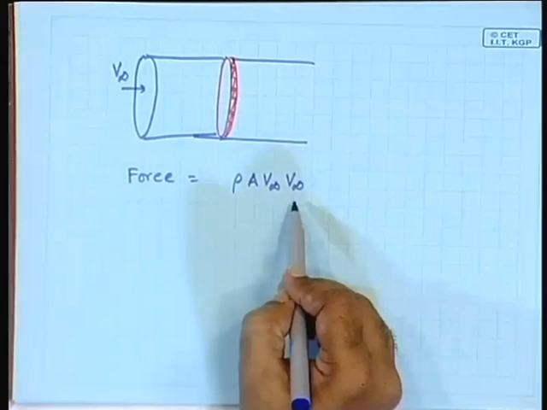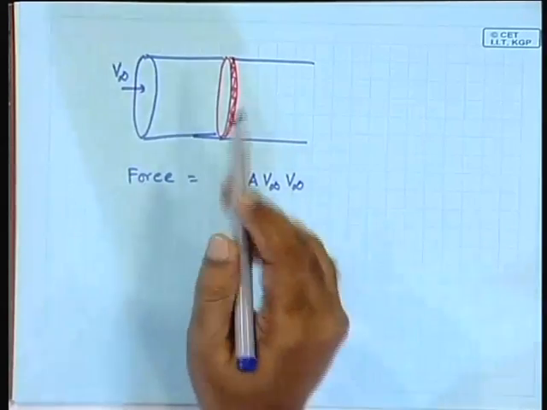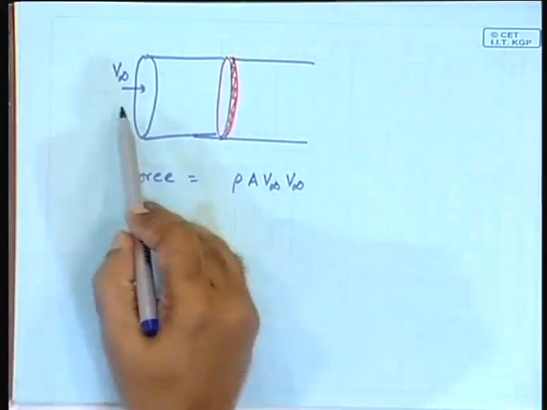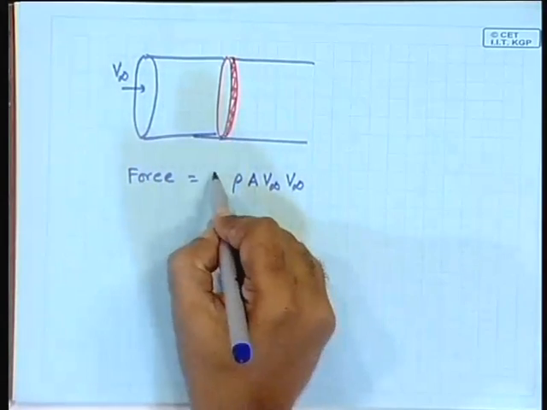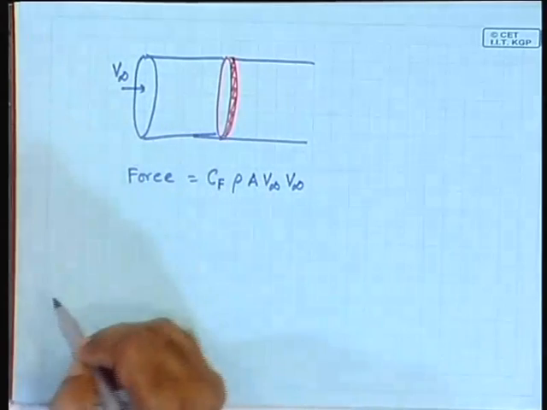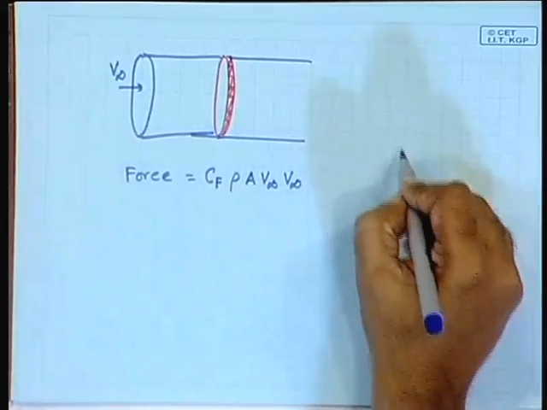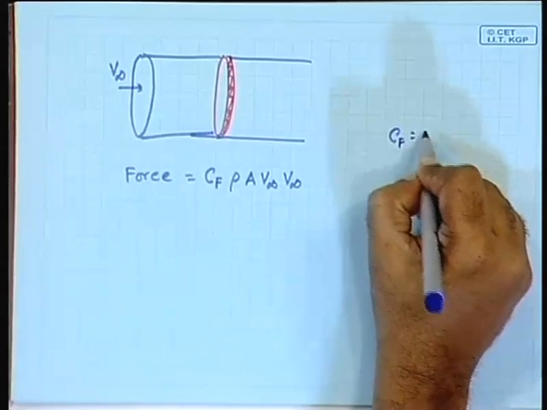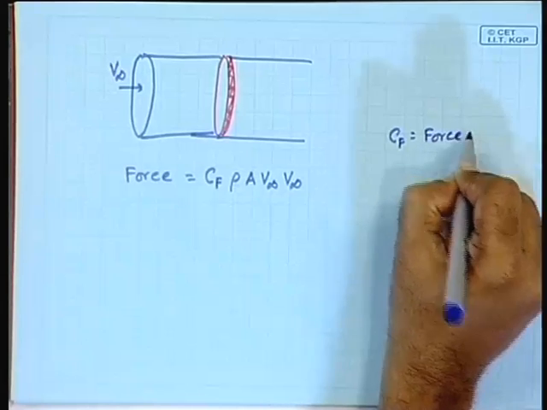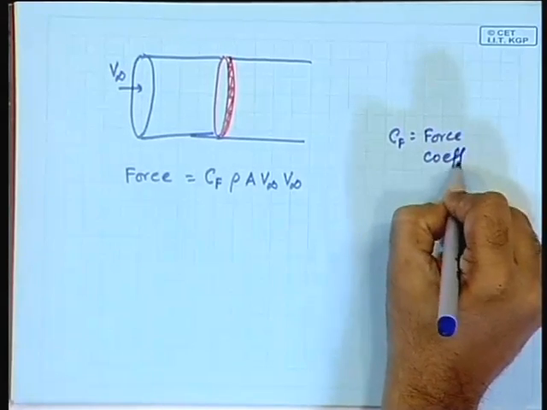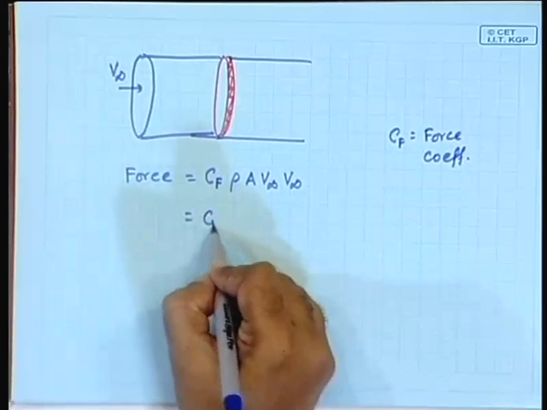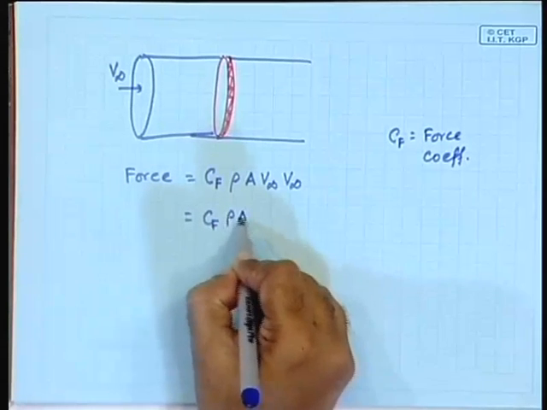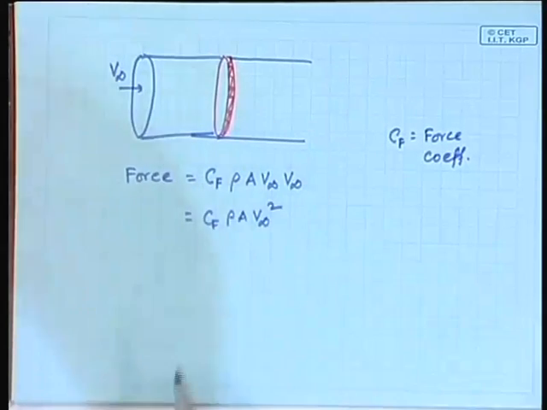This. Okay. Well, normally not the full change in momentum is transferred into this. So there has to be something called a force coefficient. So Cf is the force coefficient, but in general it is Cf rho a v infinity square.